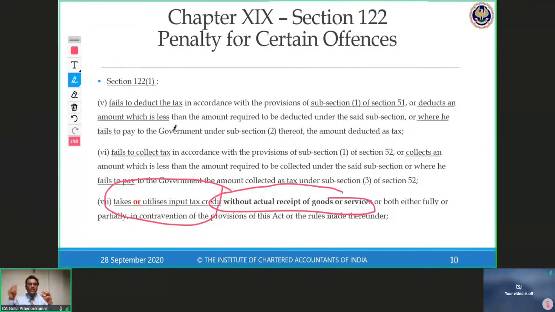Physically, goods were received on 2nd January, 3rd January. My purchase accounting entry happened on 2nd January, but the e-way bill was raised on 30th December. When I do that reconciliation, I'll get to know I've availed or utilized input tax credit without even actual receipt of goods. This comes by way of e-way bill reconciliation.